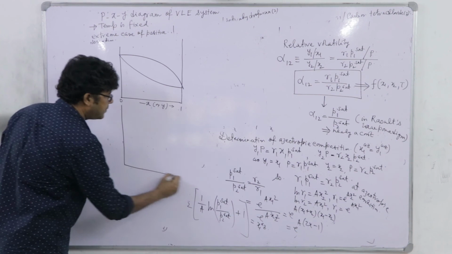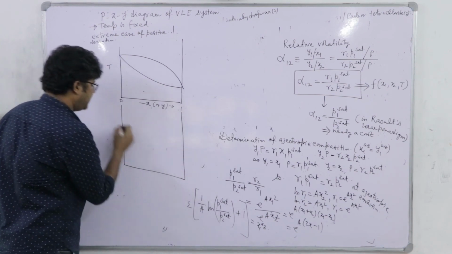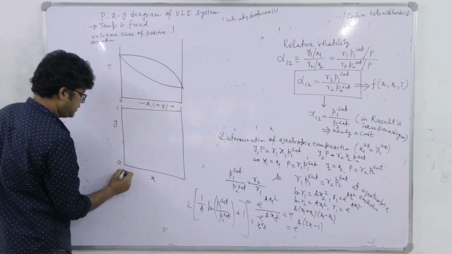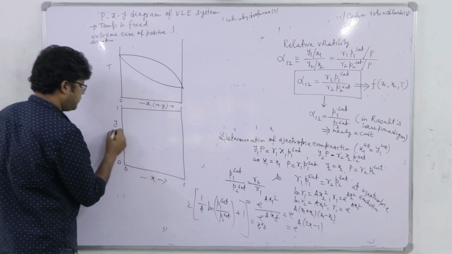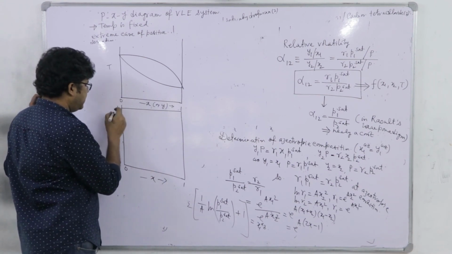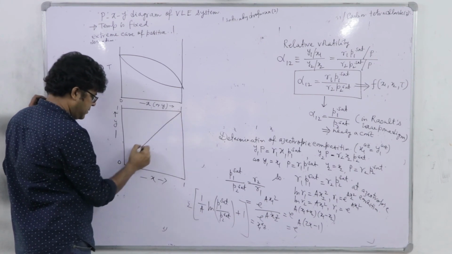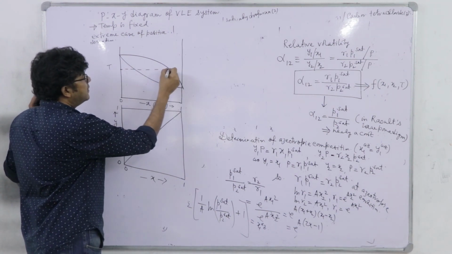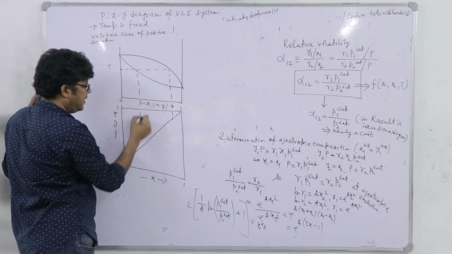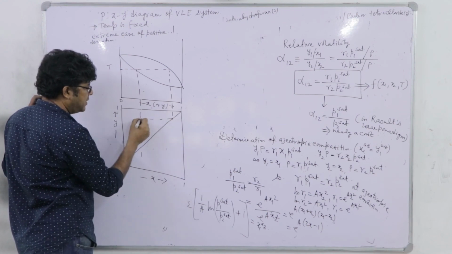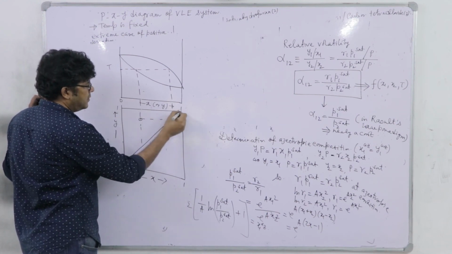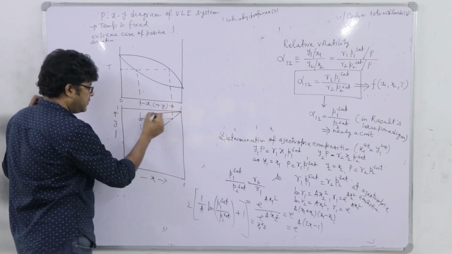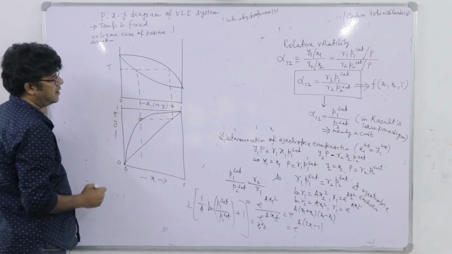So simply we can construct this y versus x, 0 to 1 here and x 0 to 1, upon drawing a 45-degree line, and for a given t, this is y, this is x. So I will get the plot here, and at this point it will merge, here also it will merge. So I can construct a curve like this.